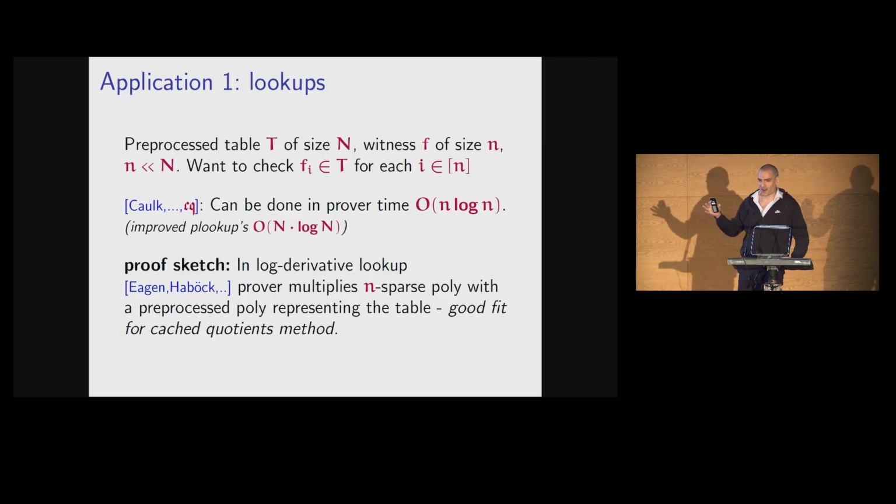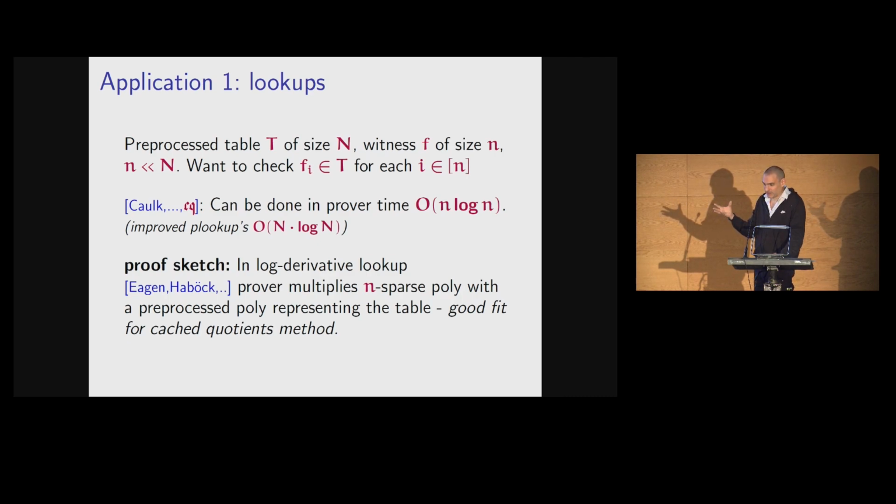So I'm going to concentrate on a second application. The very sketchy sketch of why this works is that we use the log derivative lookup, which there was a very nice talk about earlier this morning by Ulrich. What you're doing there is multiplying some sparse polynomial, representing what values are actually used from the table, times a preprocessed polynomial, a polynomial representing the table.